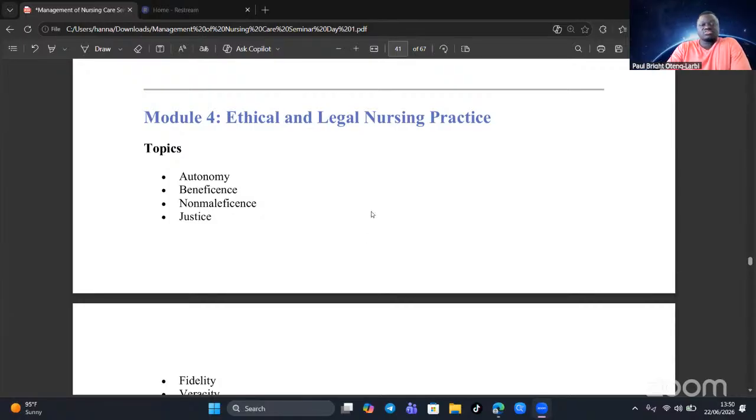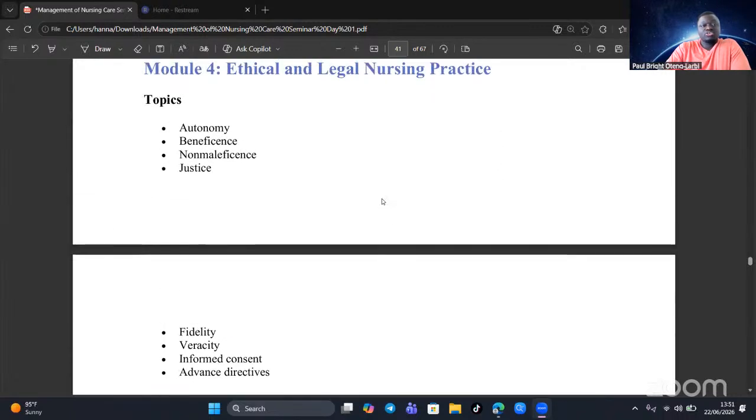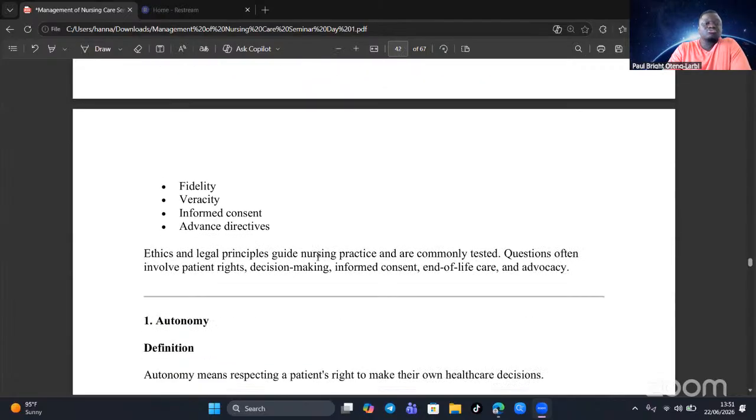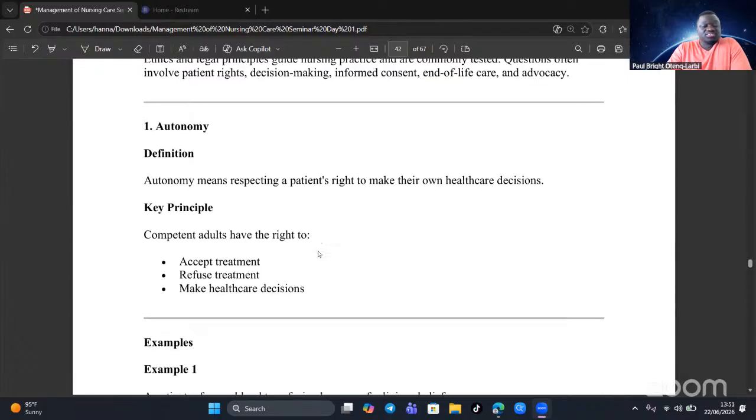So let's look at the ethical. The nurse as a manager should know the ethics around whatever she is doing and the legal backings. So the autonomy, beneficence, nonmaleficence, justice, these ones you already know. So I'll just brush over.